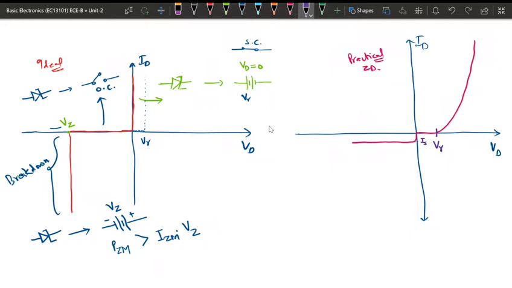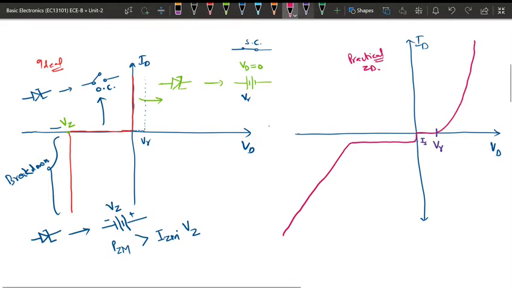When we apply a reverse bias voltage equivalent to the breakdown voltage, there will be a sudden increase in the current, going up to a maximum value in this way.